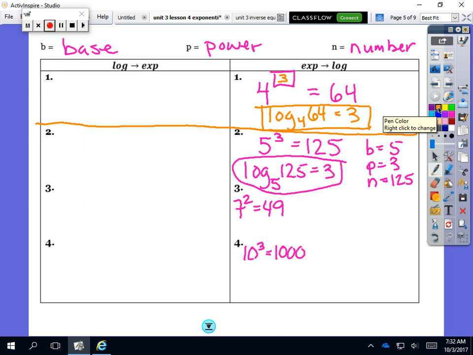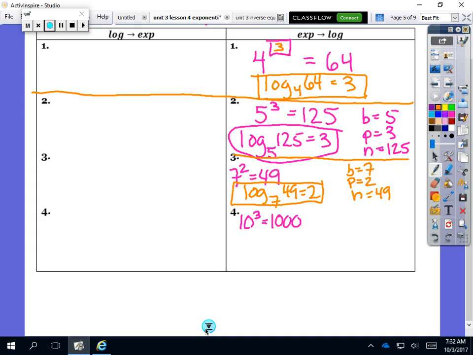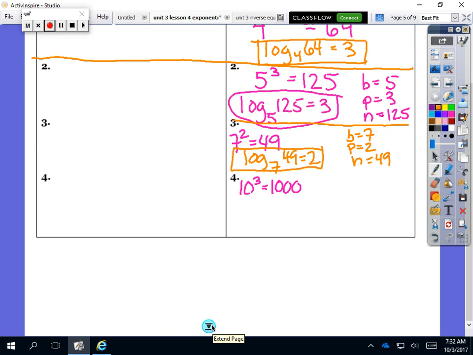Okay, so in this one we know b is 7, p is 2, and n is 49. So you would write log base 7 of 49 equals 2. And the last one, b is 10, p is 3, and n is 1,000.